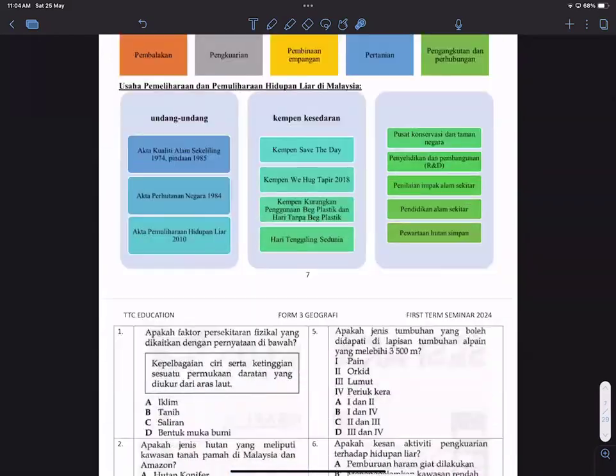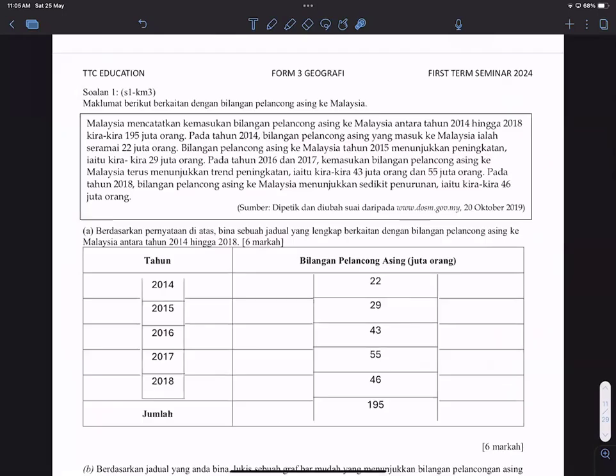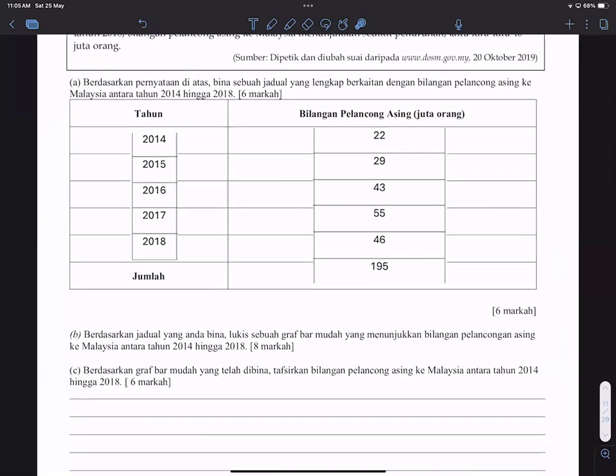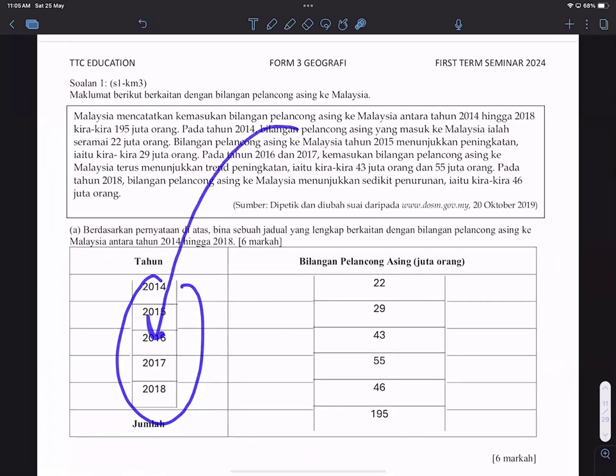So exercise, just trying to crop the answer from the material. So this question is the easiest one. Lukiskan satu graf bar mudah. Okay, so do you guys need to learn how to draw the graph bar? Yeah, so which means guys, copy now. For all the tahun, you guys can try to interpret from the article, right? So this is all the pelancong asing.